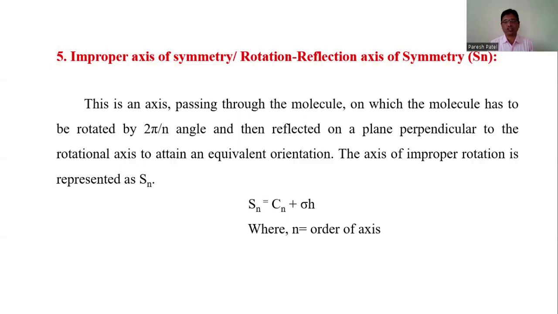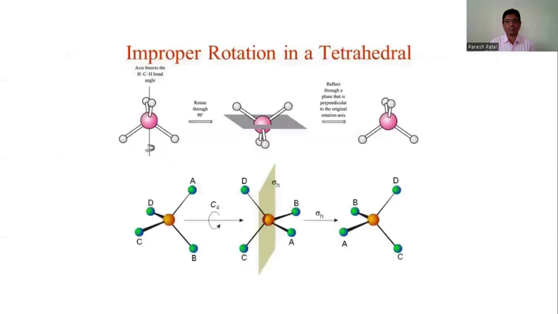N represents the order of the axis and K represents the number of times the symmetry operation is performed. Now, this is the improper rotation in a tetrahedral. In case of a tetrahedral, just like a methane molecule, if we rotate the molecule along this axis by 90 degrees and then reflect through this plane, we get the equivalent orientation position. So this is the improper axis of rotation in case of the tetrahedral structure.